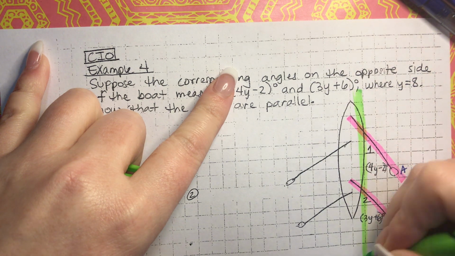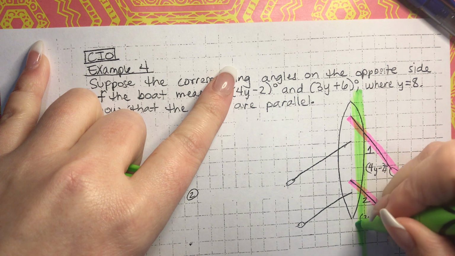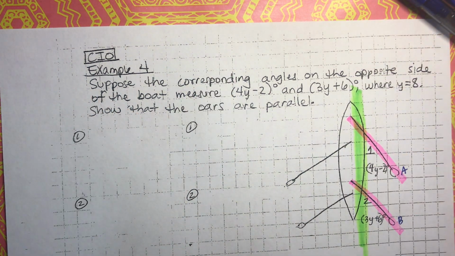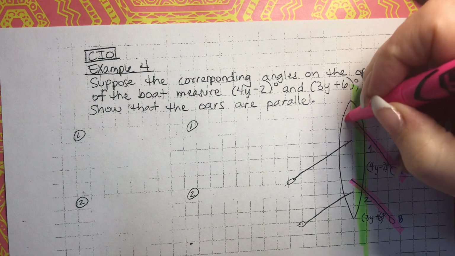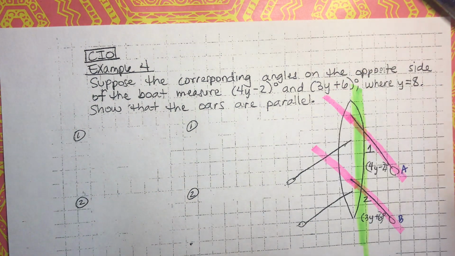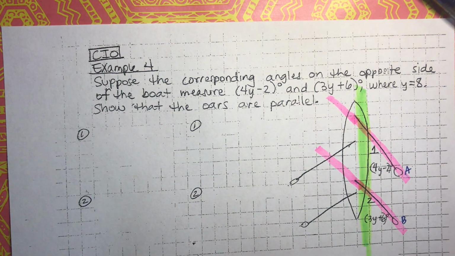So this is kind of like our transversal. That's what they want you to look at. I'm making it kind of big. And then it's telling us what those angles are. It's exactly the same thing, just like a little application, and you can see that those two lines go, and we're just trying to show that the oars are parallel.